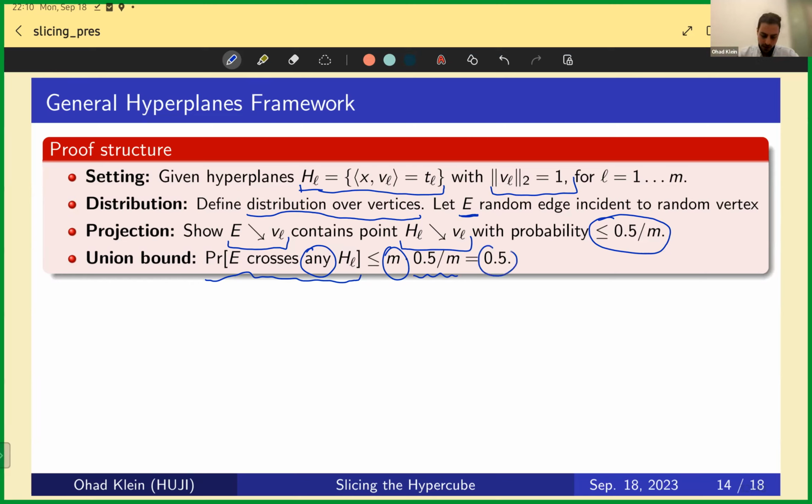So this probability is bounded away from 1, which means that we found an edge E that evades all the hyperplanes with good probability.